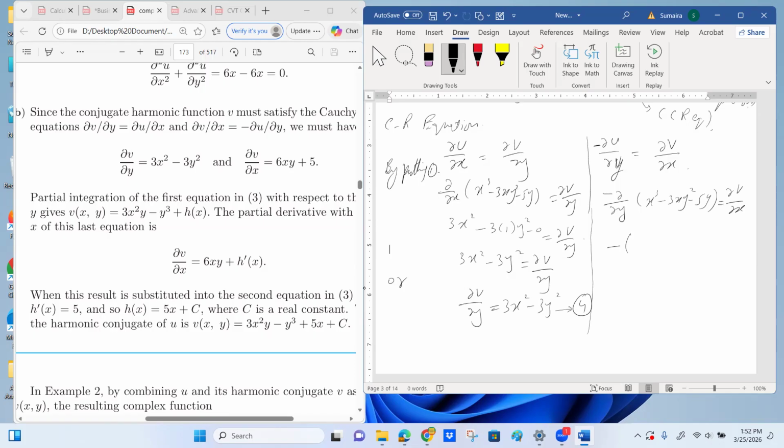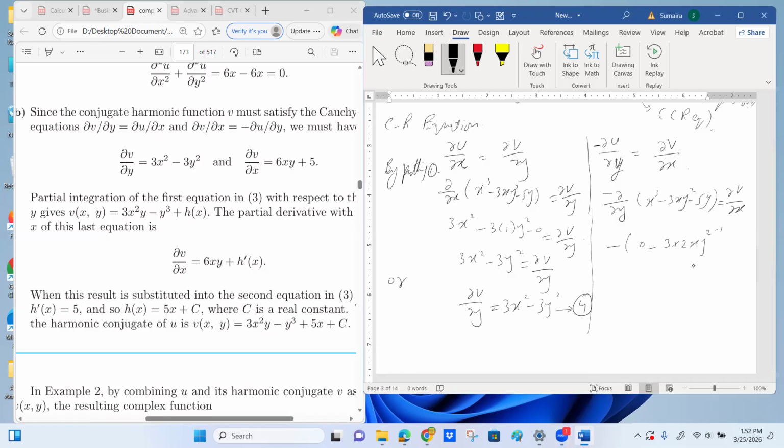Derivative of y of the x cube is 0, minus 3 multiplied by 2x y raised to the power 2 minus 1, and minus 5 into 1 is equal to partial v by partial y.